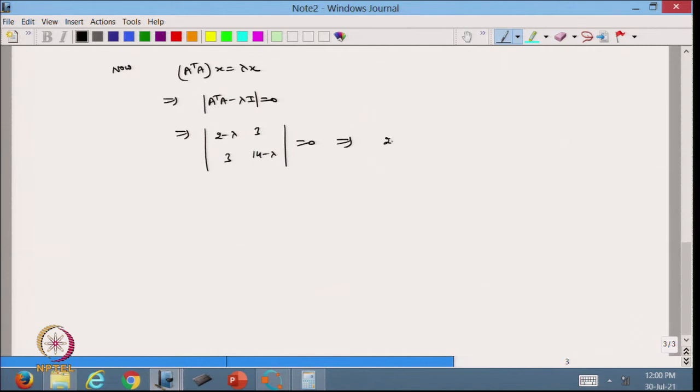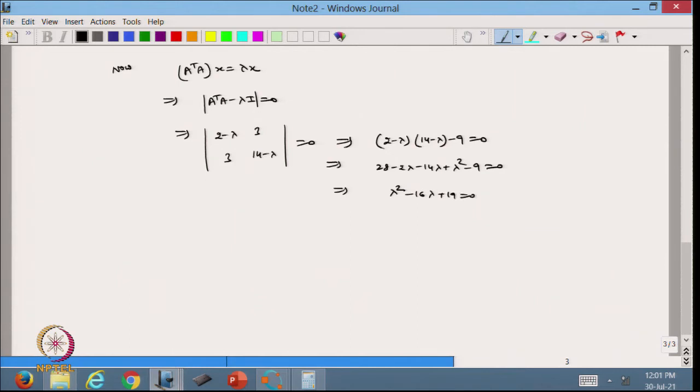So, it is 2 minus lambda times 14 minus lambda minus 9 equal to 0, and that gives me 28 minus 2 lambda minus 14 lambda plus lambda square minus 9 equal to 0, and this is lambda square minus 16 lambda plus 19 equal to 0.